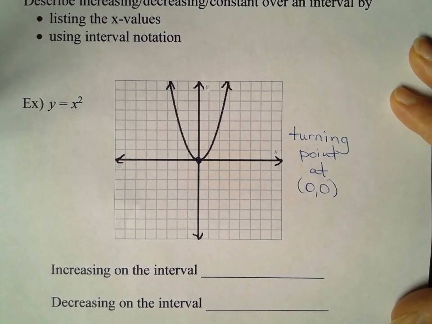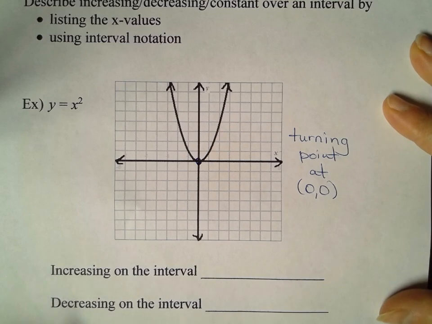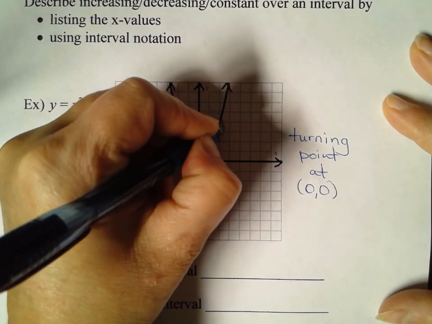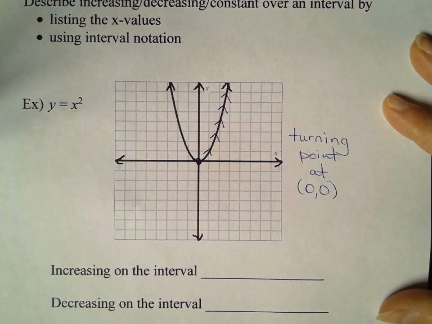I'm trying to see if I can fit everything on the page. Okay, so where is the graph increasing? As we look from left to right, which half of this graph is going up? I would say that is the right-hand side of this graph. Right? On the right-hand side, as the x value gets bigger, the y value gets bigger.